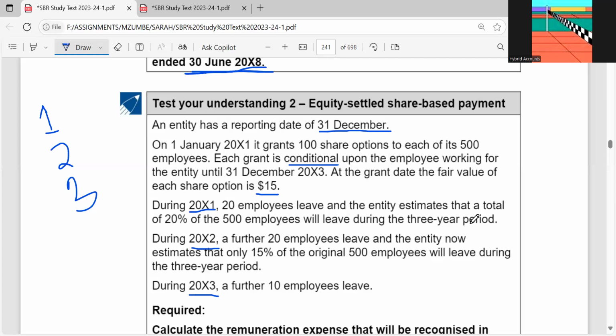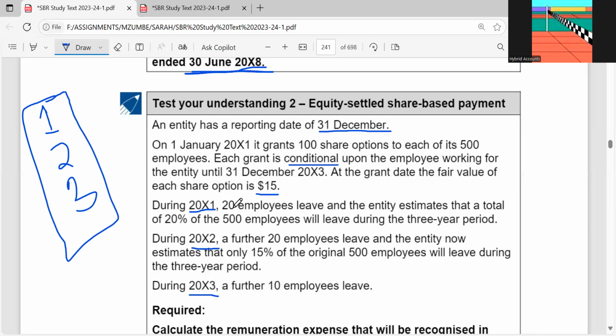My friend, let's be very careful on this. For whichever year you deal with, you have to get a proper estimate of all the years, right? Now you are told, initially you had 500 employees, but you are told a total of 20% of 500 will leave during the 3 year period.